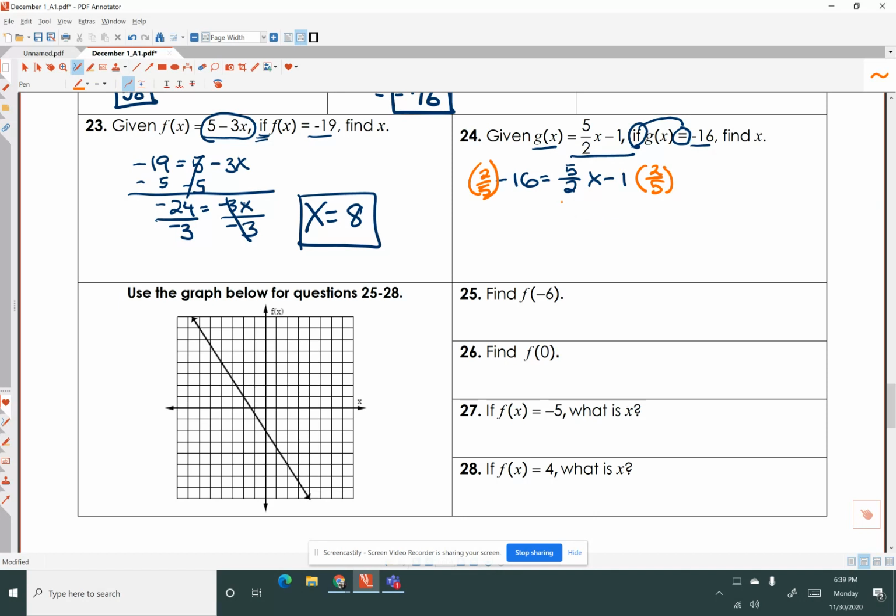Okay, so then that allows us to eliminate, so 2/5 of negative 16 equals 5/2 x minus 1. So I think the first thing we need to do, actually, let's do something before we even do this.